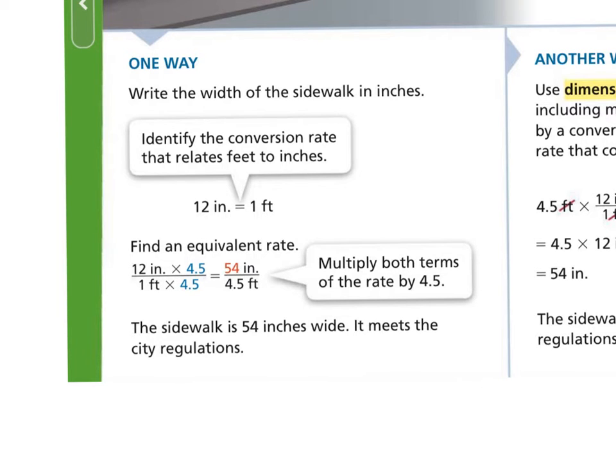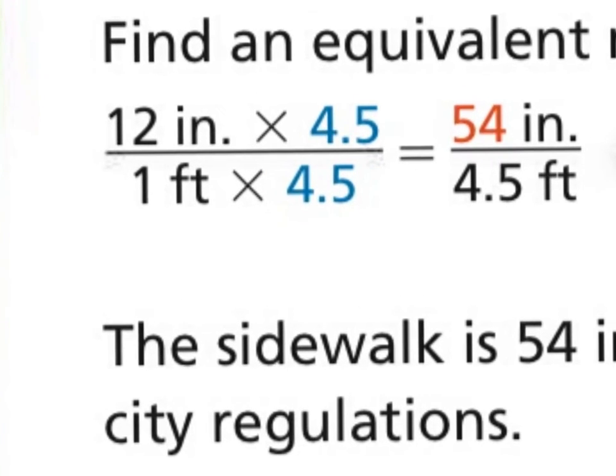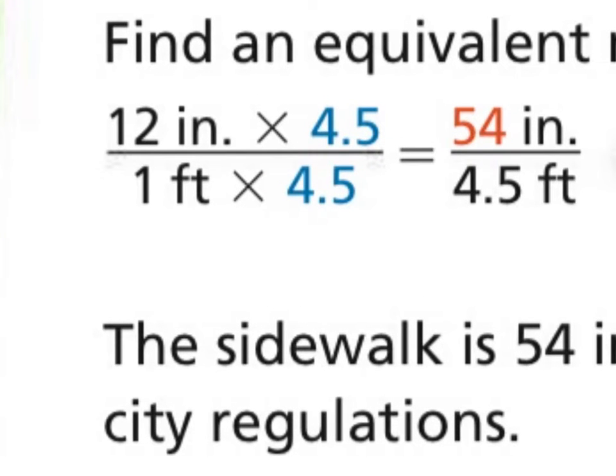So basically what we do here, we start out with 12 inches equals 1 foot. And then if we multiply both the numerator and denominator by 4.5, that will give us two things that are equivalent also. Another way of doing this would be to do a proportion we've talked about.